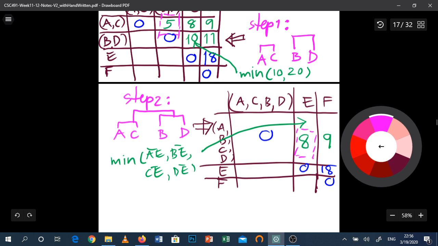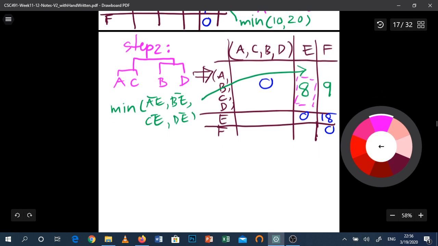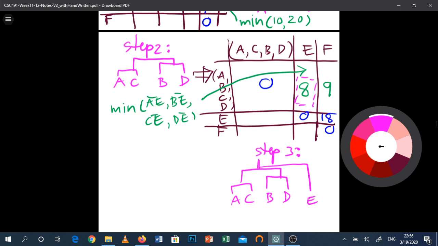So if we draw the dendrogram, that means the big group is merging with E. So we can draw like A, C, B, D merge, and A and C merge with B, D, and now they merge with E. This leads into the update of almost final distance metric.